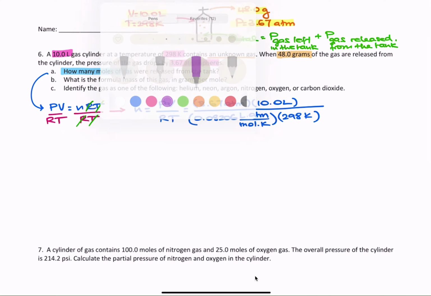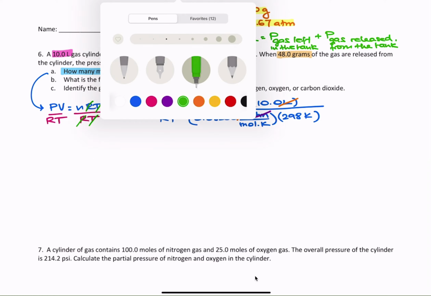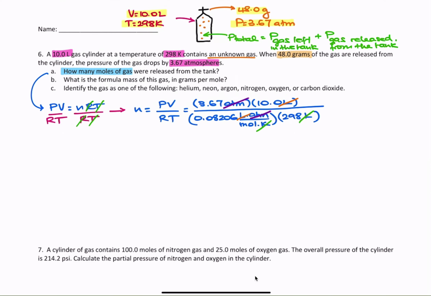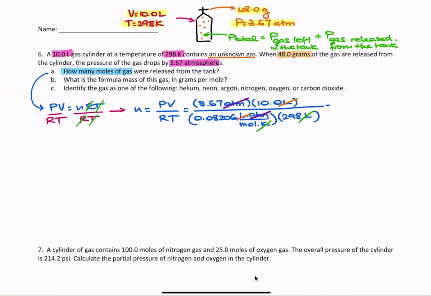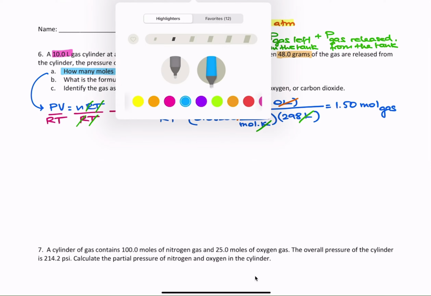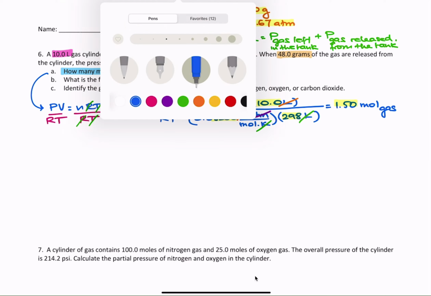Check that all the units cancel properly: pressure with pressure, liter with liter, Kelvin with Kelvin. So we have moles left, and we get 1.50 moles of this unknown gas. Sig figs wise: 3, 3, 4, 3, so the answer is to 3 sig figs.